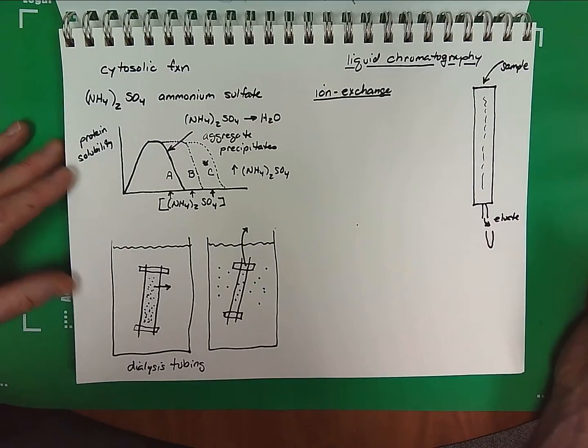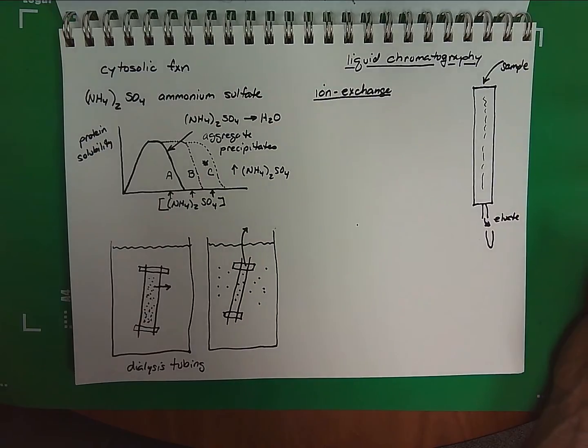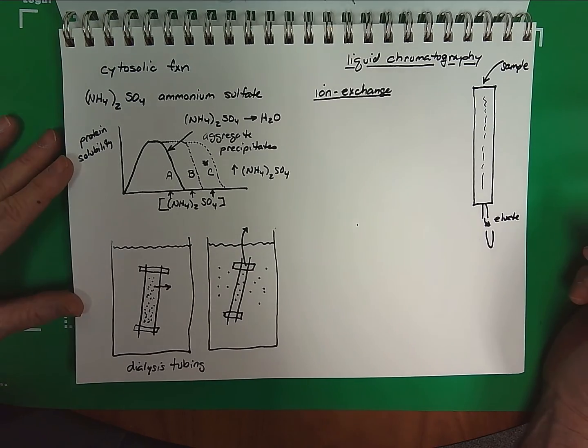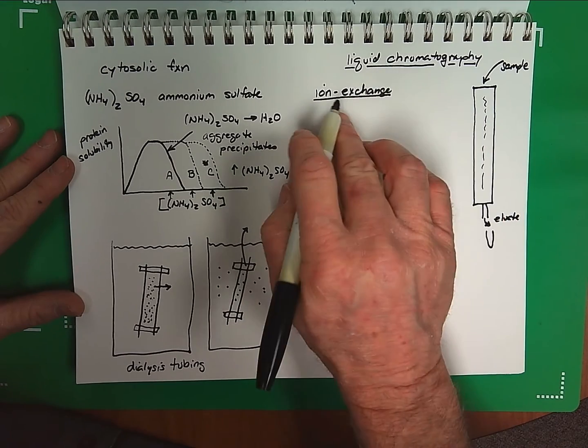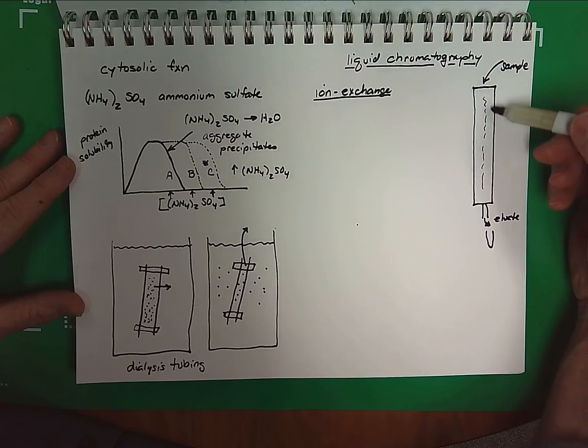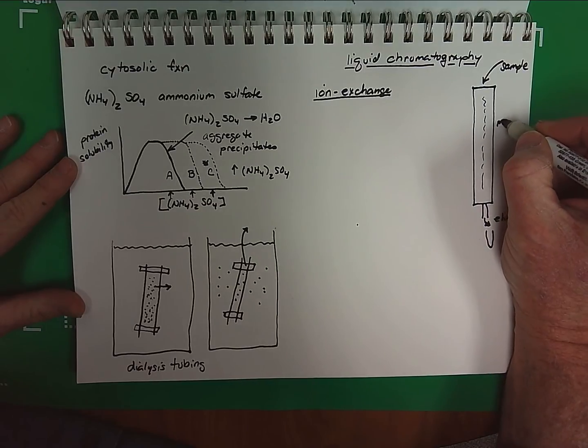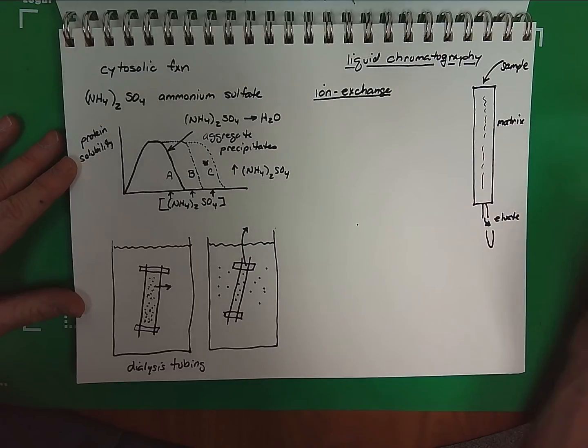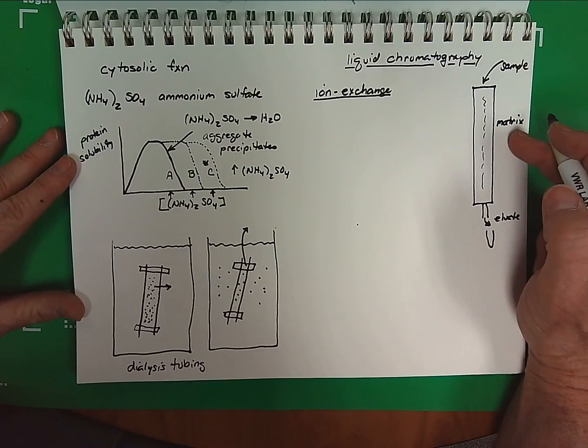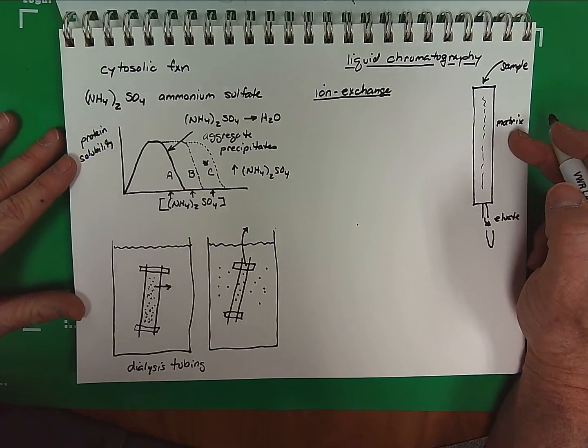And this is called the eluate. Now what makes liquid chromatography unique is the material inside the tube that the protein sample is percolating through. This material is called a matrix, and the matrix can differ for different types of liquid chromatography.